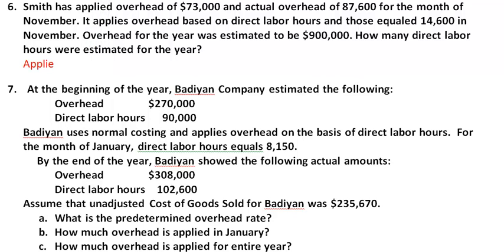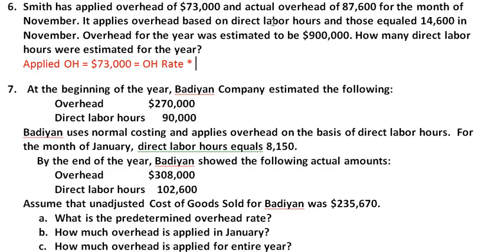So we know that applied overhead equals $73,000. So we know the answer, so to speak. In order to get the applied overhead, we had to take the overhead rate and multiply it by the actual activity level.